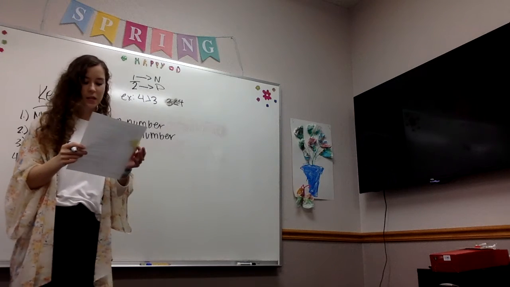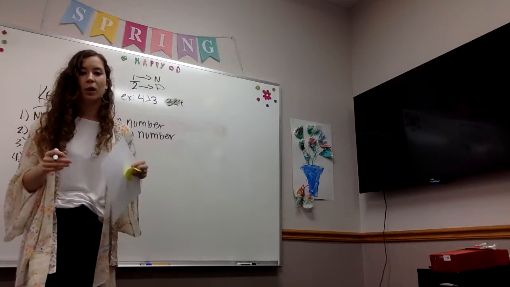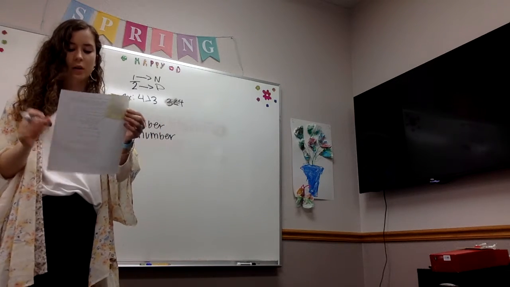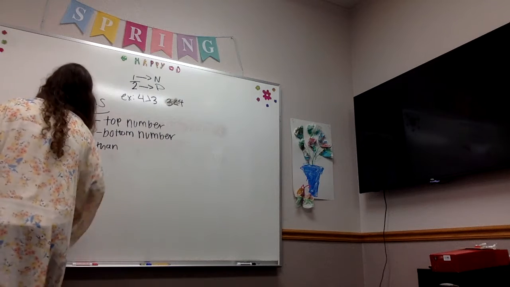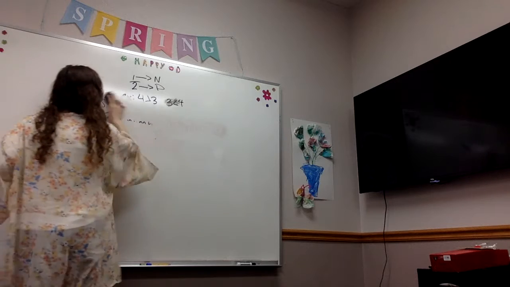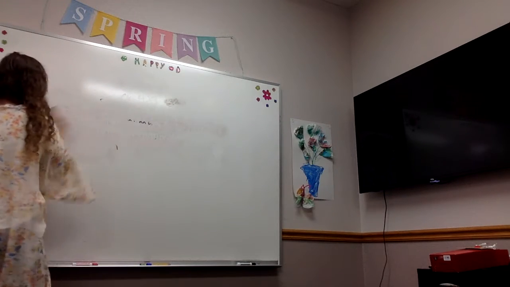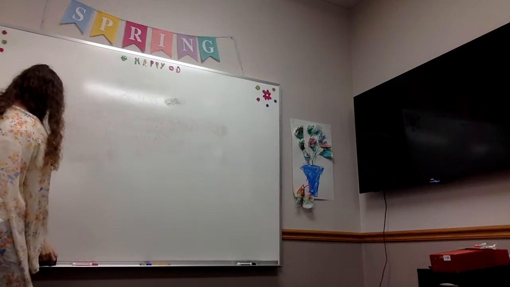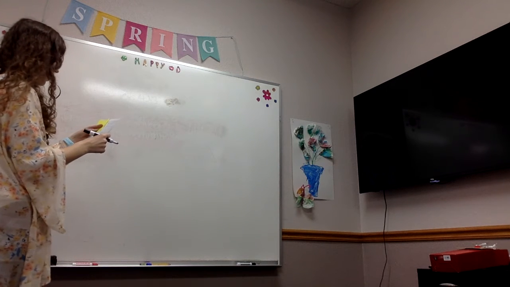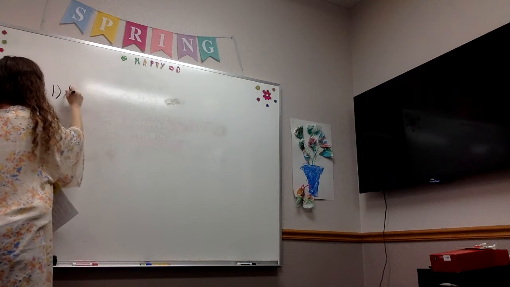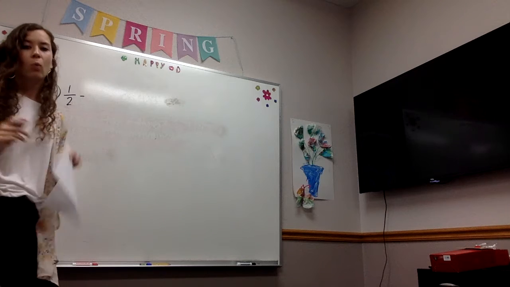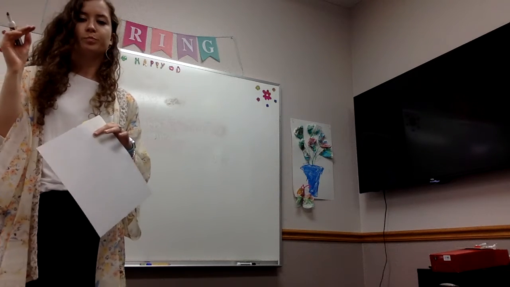Alright, the next thing I'm going to do is write a few problems on the board, or we'll go over them out loud. Alright, so for problem number 1, in the fraction 1/2, what number is in the numerator?